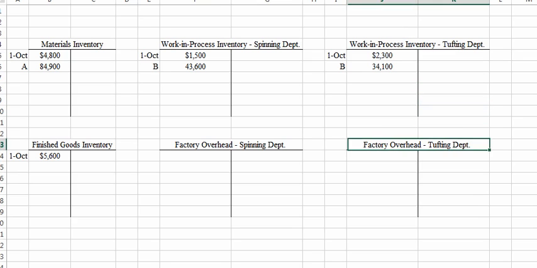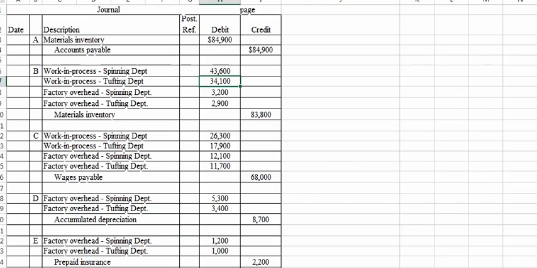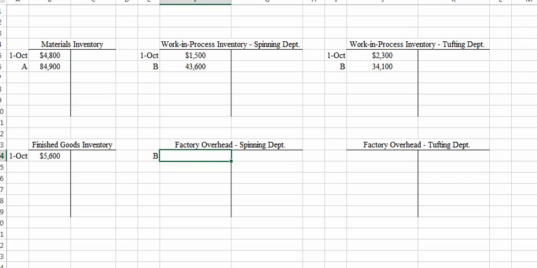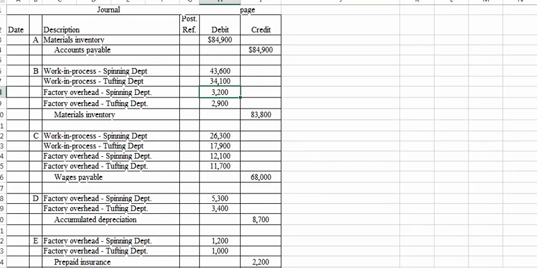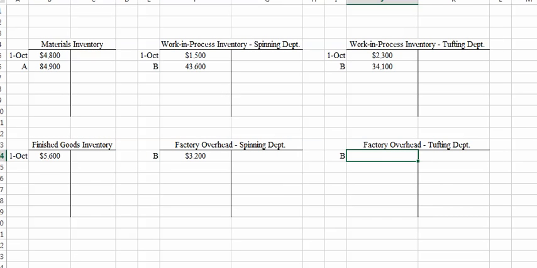Okay, then we're going to debit our factory overhead accounts. For the spinning department, that amount was $3,200. For the tufting department, the debit to factory overhead tufting on B was for $2,900. Okay.